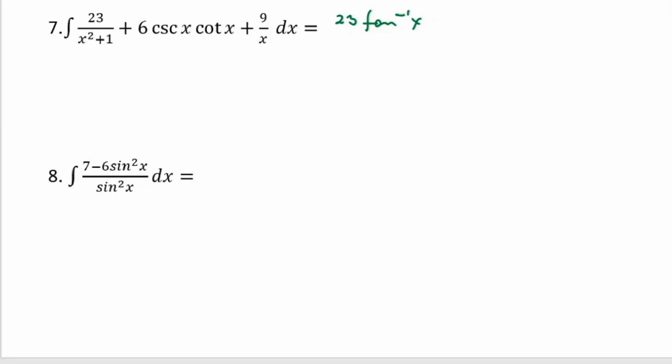So that must be negative 6 cosecant x plus 9 ln of the absolute value of x plus a constant.